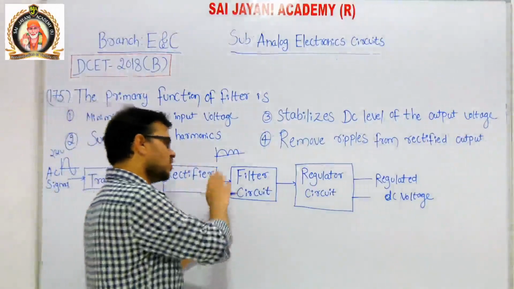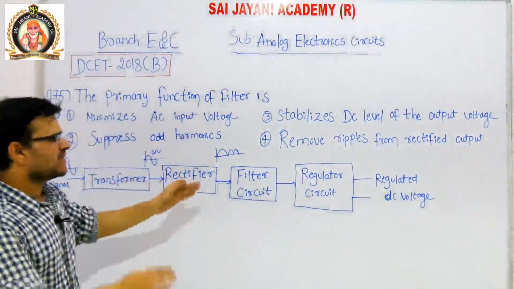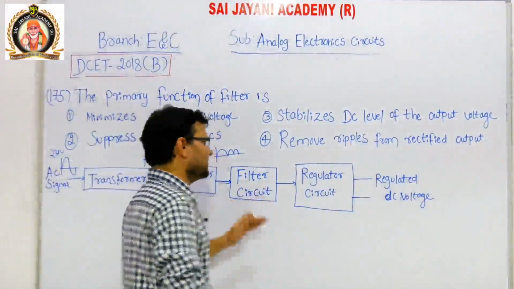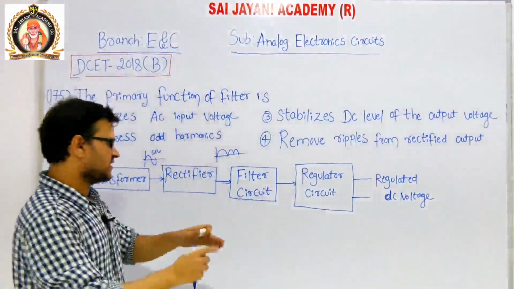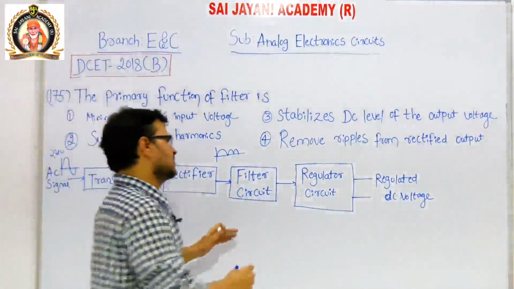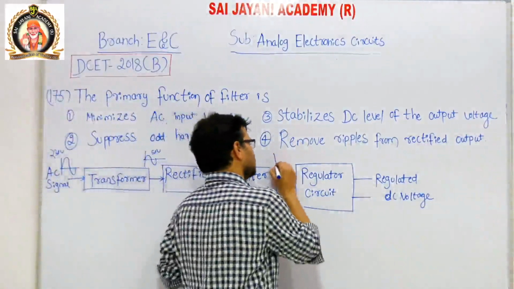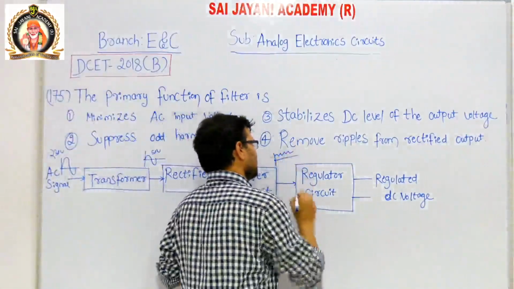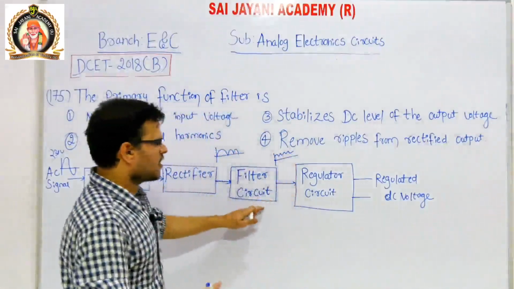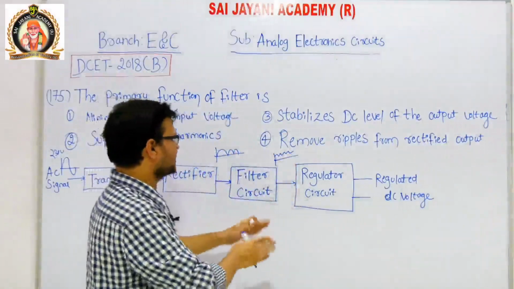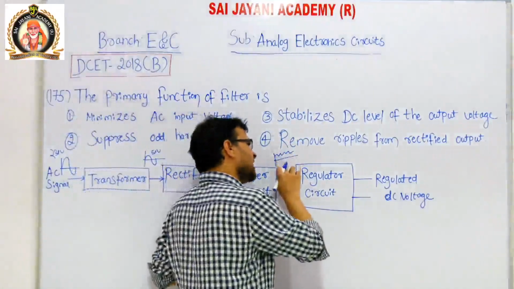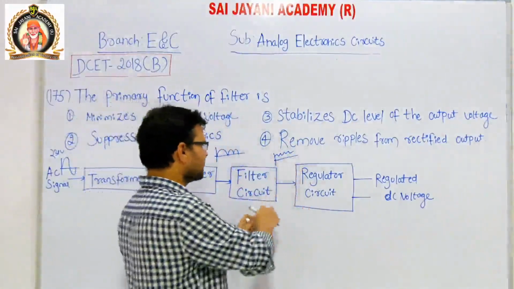In order to remove those ripples from the DC voltage, we feed it to the filter circuit. The filter circuit removes the ripples which are present at the output of the rectifier circuit. We are getting a signal like this. Although we are filtering the pulsating DC signal, we still have some ripples at the output of the filter circuit.